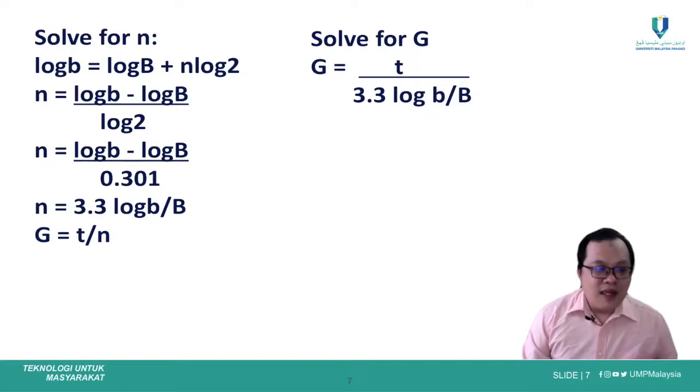Or we can solve for the generation time: g equals t divided by 3.3 log B divided by b.